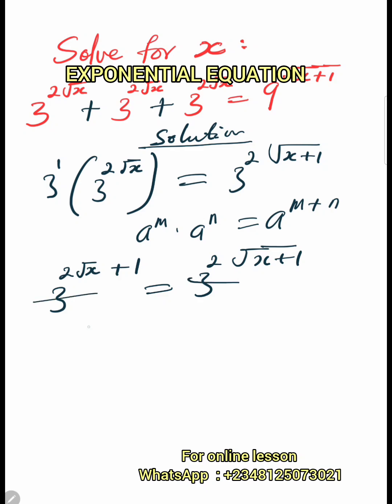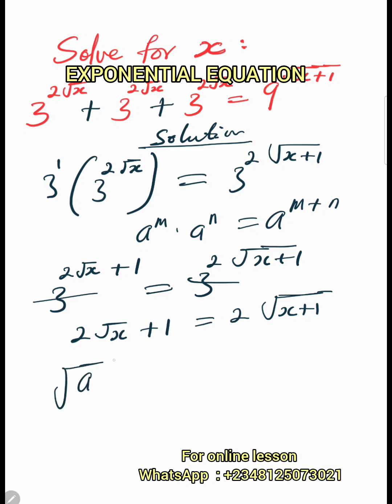Now let us equate the exponents since the bases are the same, okay? We can say 2 root x plus 1 equal to 2 raised to the power 2 root x plus 1 inside. Now we need to get rid of the radical. The only way to do this is to square both sides, so that the square root of a all squared cancels out to give us a.